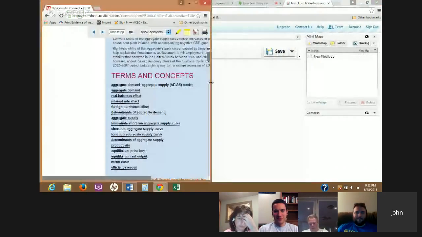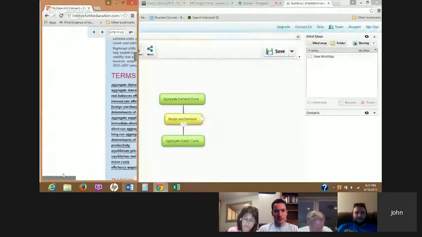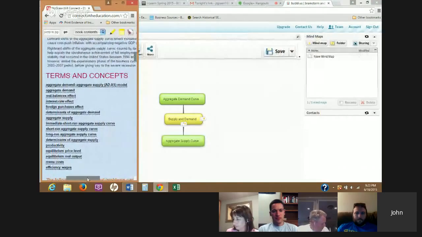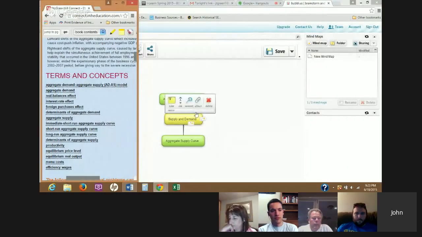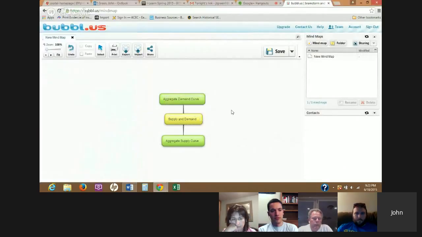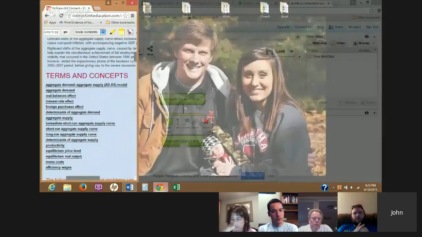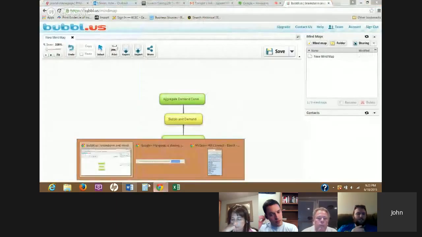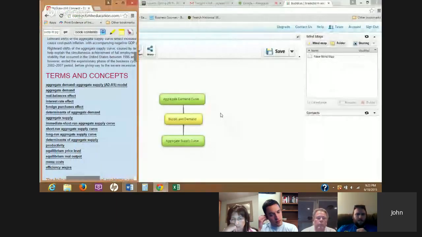All right. So here are our terms and concepts, just to give us an idea of some of the things we can put in here. Oh, I like that. That looks good. Under aggregate demand, can you put real balances effect, interest rate effect, and foreign purchases effect? Yeah, that sounds perfect.